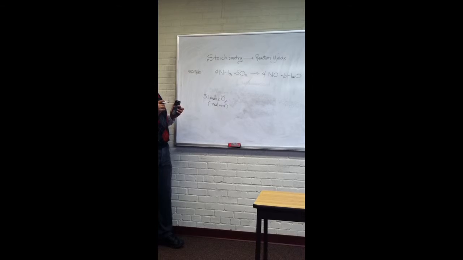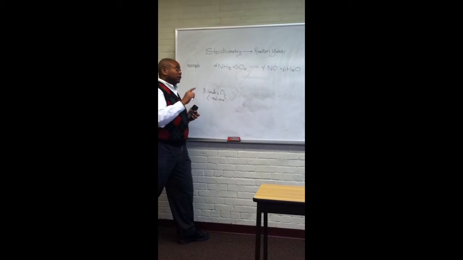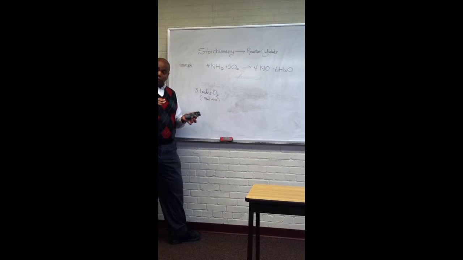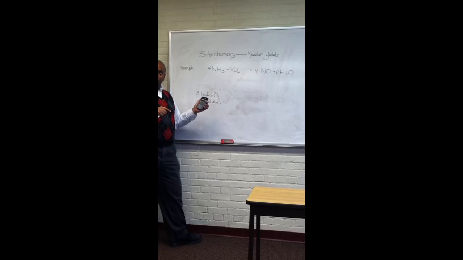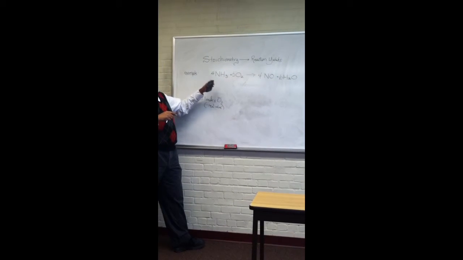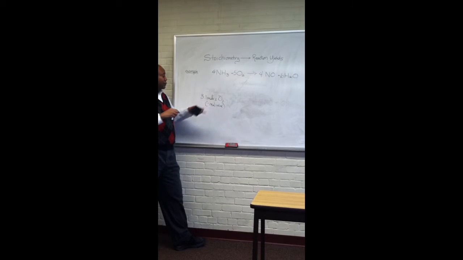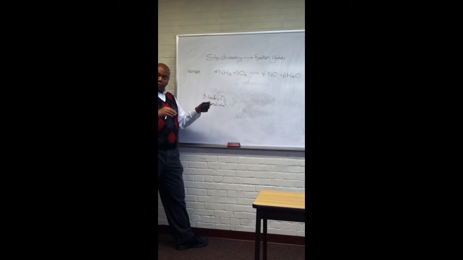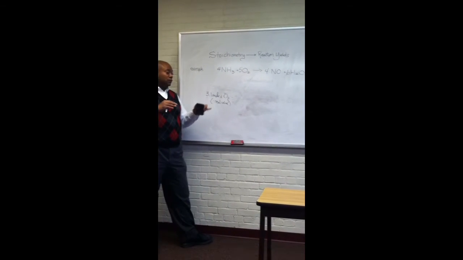Now we need to look at the molar ratio of our product, the nitric oxide, to the molecular oxygen. Again, this is why having a balanced equation is so important. If you don't have the balanced equation, you really can't determine the correct mole ratio.